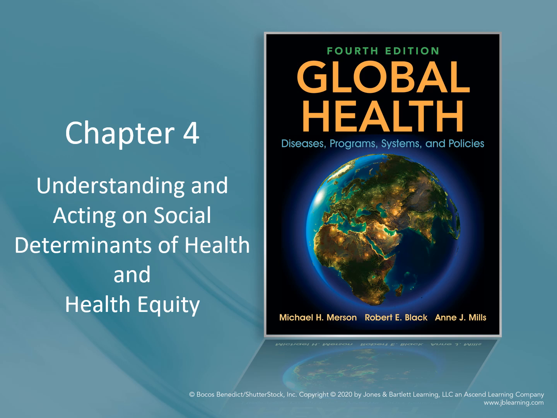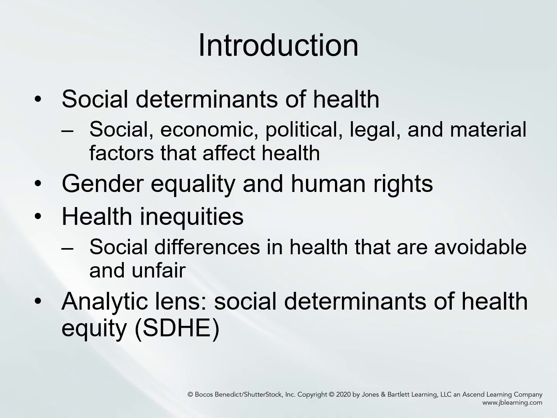Chapter 4 included social determinants of health and health equity. Health equity is still another concept being heavily scrutinized and defunded by U.S. federal government efforts. It's important for you to be able to analyze the relationship between disease and the social and material environment.